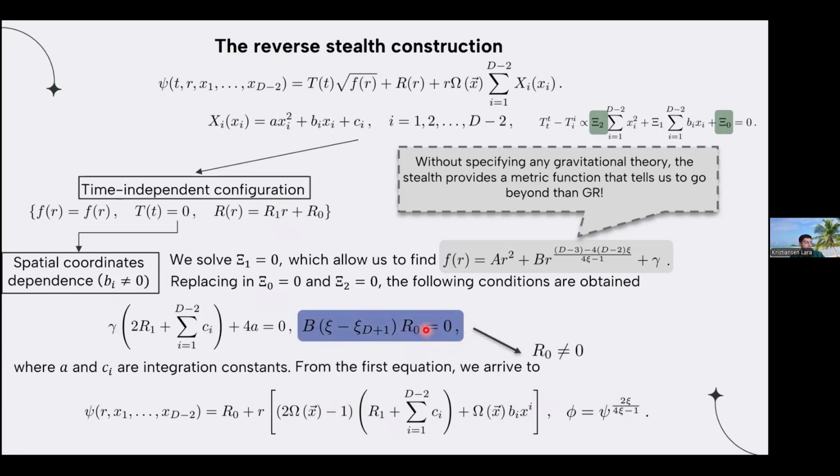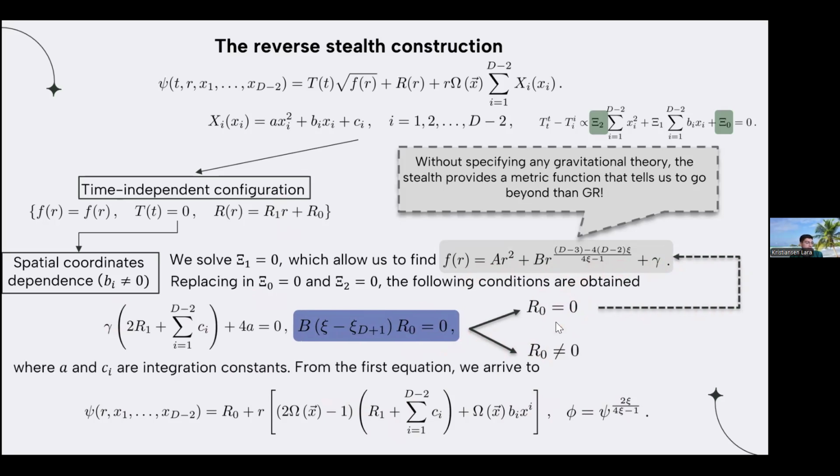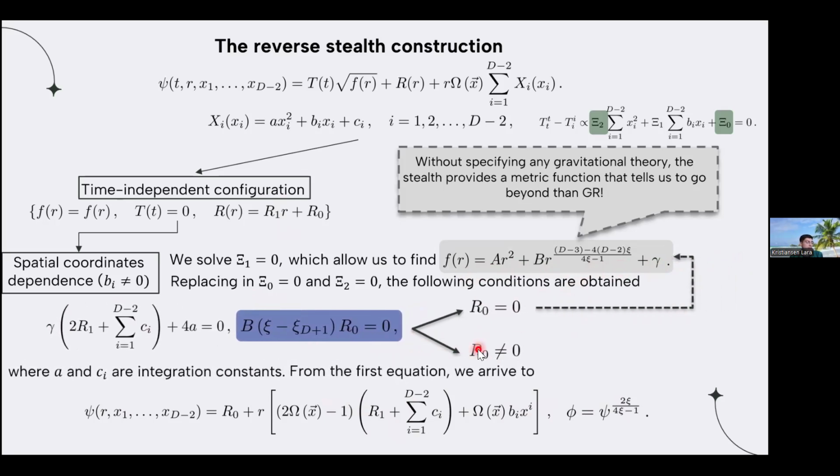Notice that in order to solve it, one has to say the following: either R0 is different than 0, or R0 is equal to 0. For R0 equal to 0, we return to this expression that you can see here, because it's saying nothing about the metric function. However, if R0 is different than 0, we will have to impose conditions on B and chi.